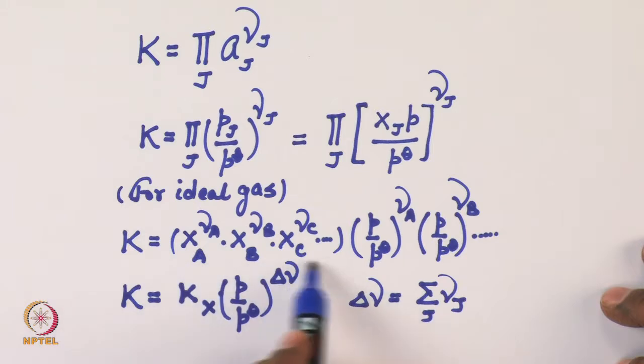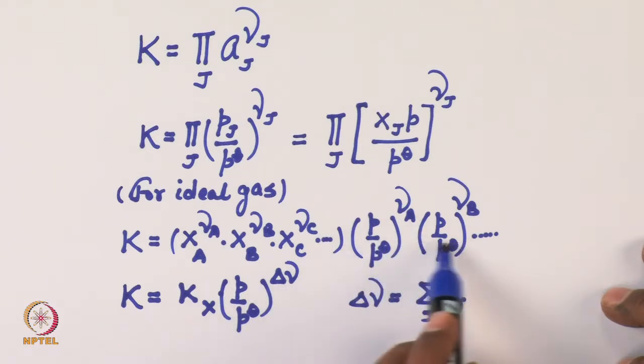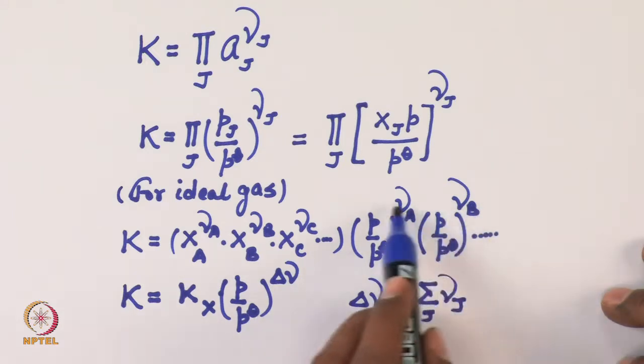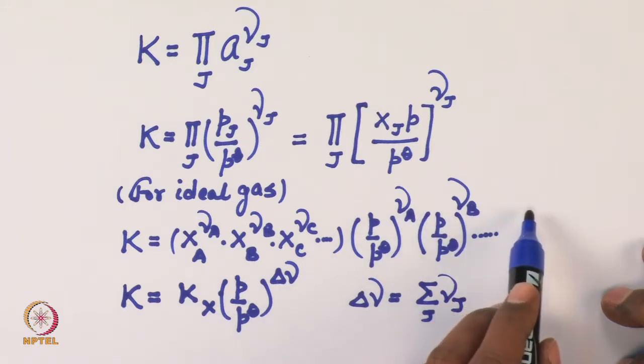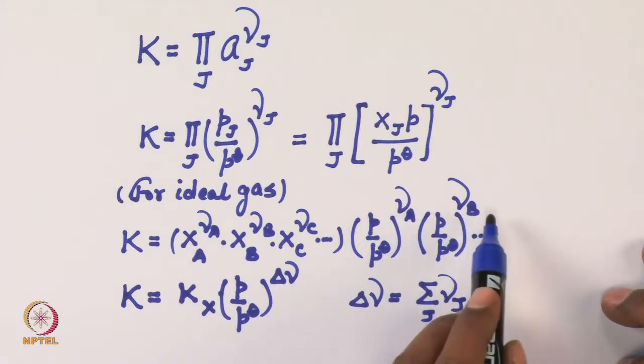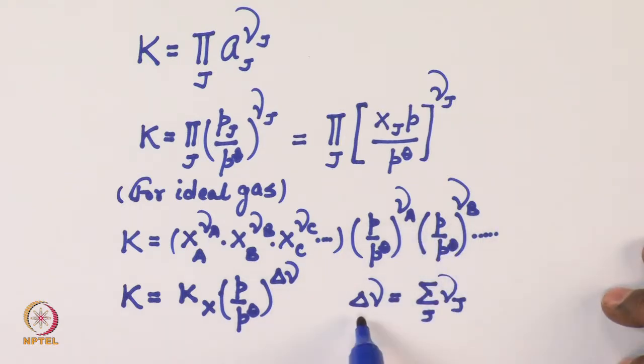So, this actually is Kx, K is equal to Kx into P by P naught raised to the power delta nu, and since all these P by P naught powers will be added, with negative sign for the reactants and positive sign for the products, the overall sum is actually a difference between the number of moles of gaseous products and the number of moles of gaseous reactants.